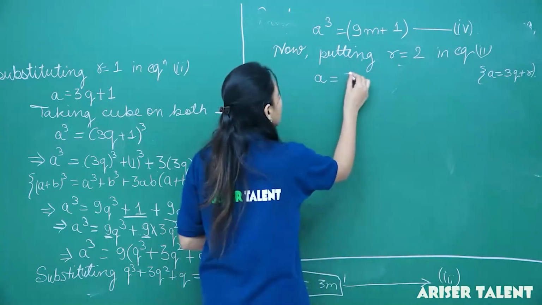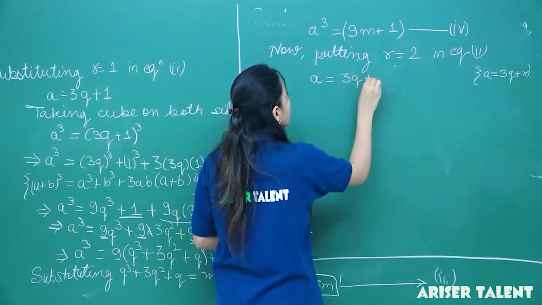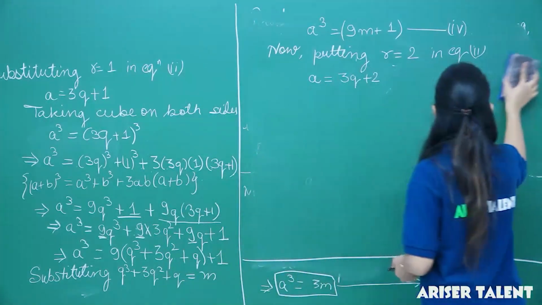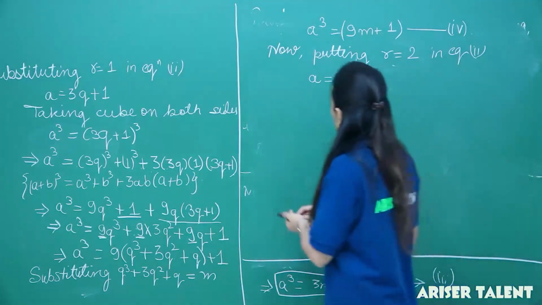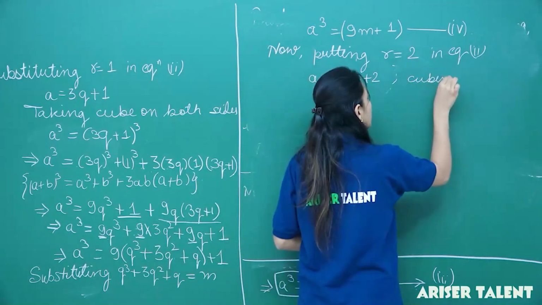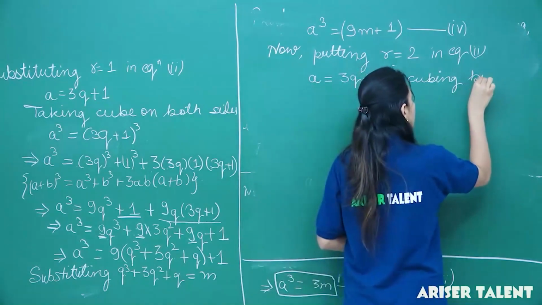Okay, so it will become a equals 3q plus 2, right? Cubing both sides.